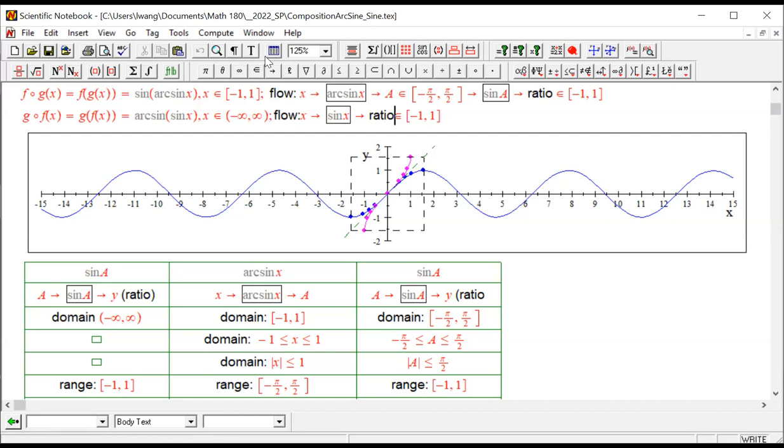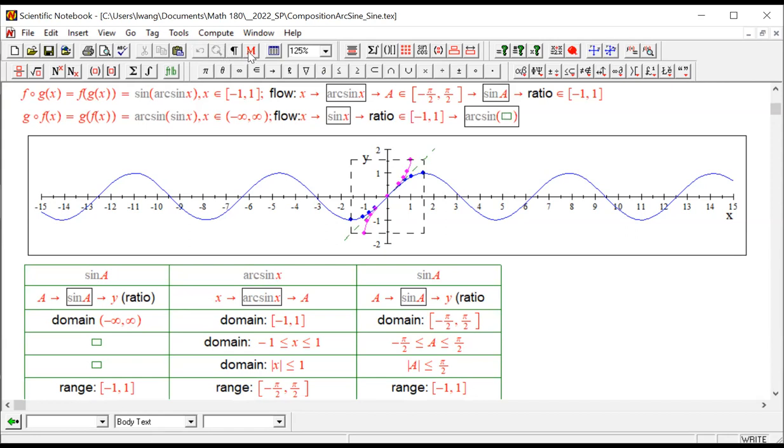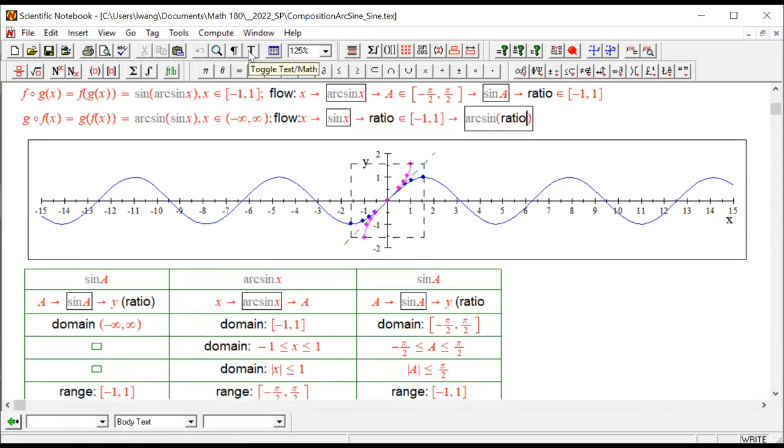That ratio in turn becomes the input for arc sine. So the second layer of function application is arc sine of that ratio, and it produces an angle.